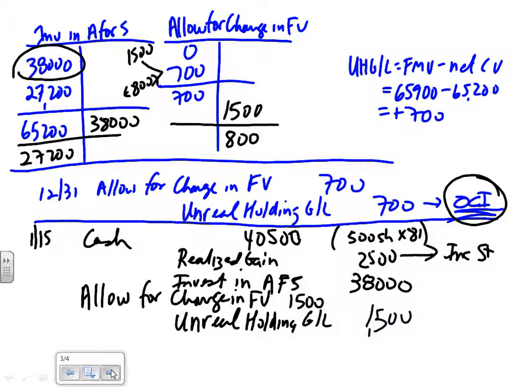For trading securities, because unrealized holding gains and losses are really no different than realized gains and losses, we don't need the second part of the journal entry. In addition, when we calculate the realized gain and loss, it's the difference between the selling price and the previous fair market value. Or if they're debt securities and we've amortized some costs, the fair market value plus the change in amortized cost. All right?